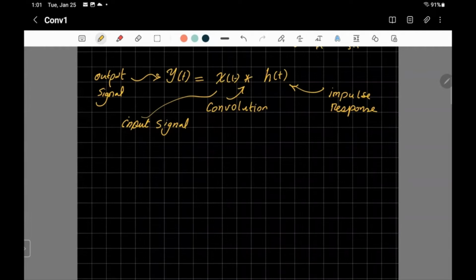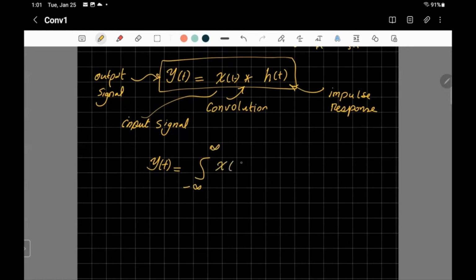Okay. I will write for you the integral form of the convolution. We just wrote it here. y of t is equal to the integral from negative infinity to infinity of x of t minus tau, h of tau, d tau.